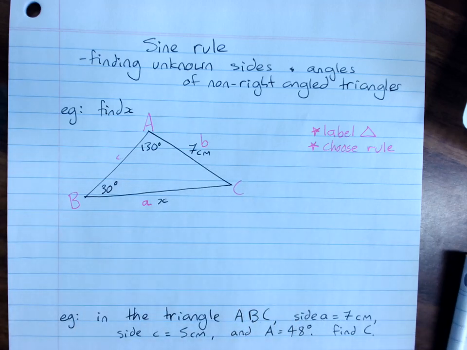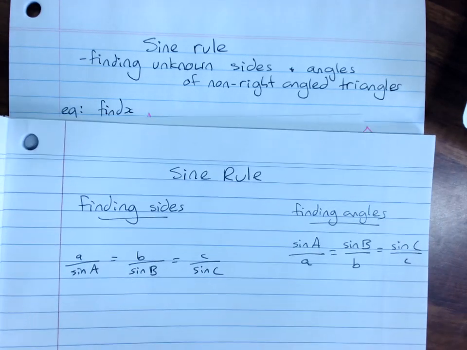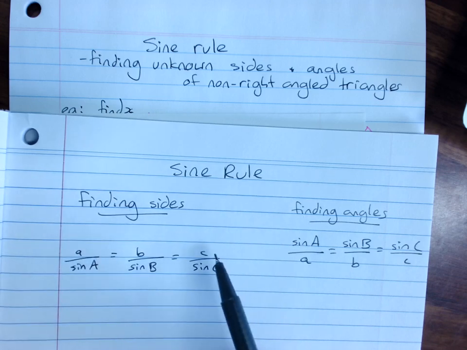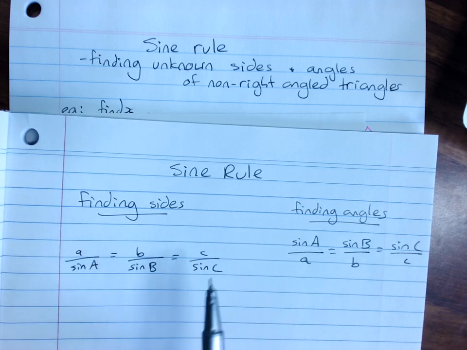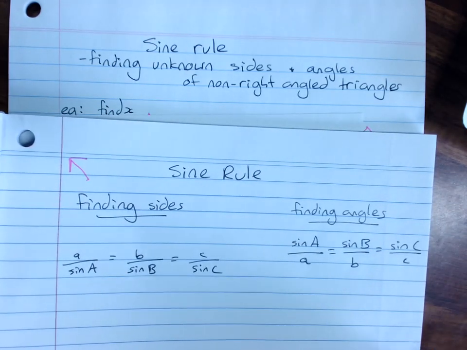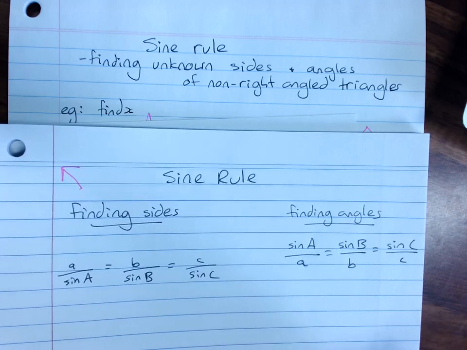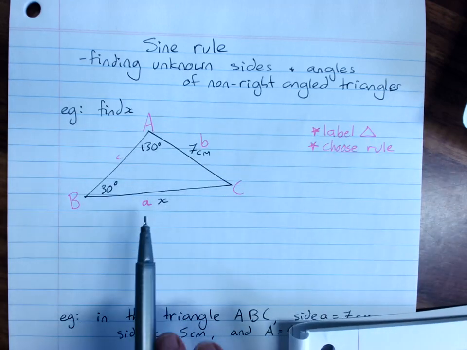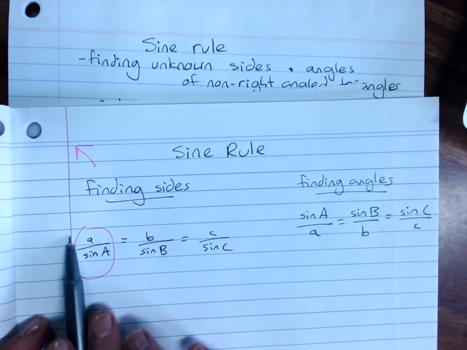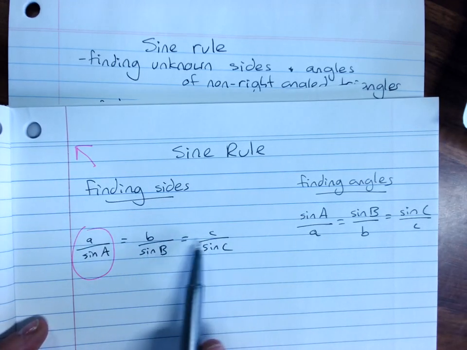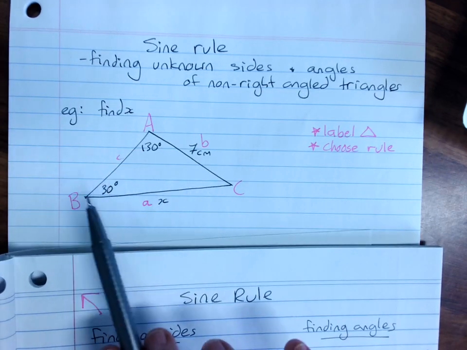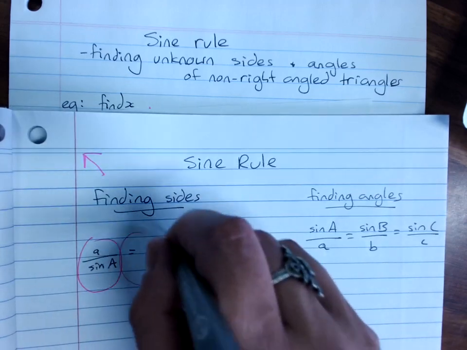So I choose the sine rule, and the way you choose, if you haven't remembered whether you're finding sides or angles, is that the thing I want to find should be at the top left of what I'm writing, because that's where I want to end up, so I might as well end up with it at the top left to start with. I'm finding side A, so that means I'm choosing that part of the sine rule. And then you're choosing whichever part you've also got. I've got nothing on the C's, B it is. So I'm going to be using this.